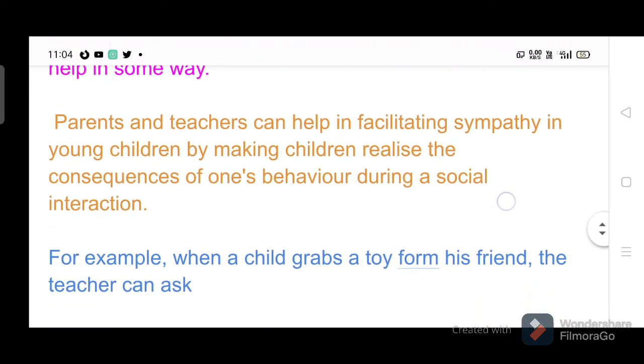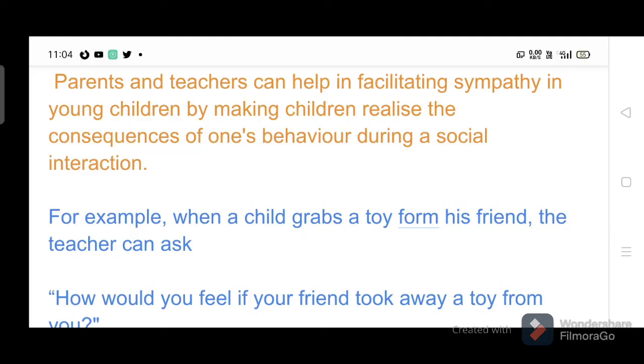Parents and teachers can help in developing empathy among children by becoming models themselves, so that the children can see the parents and teachers and learn through them.